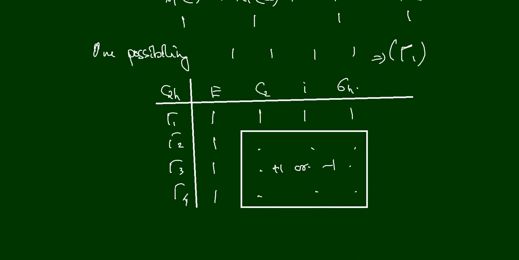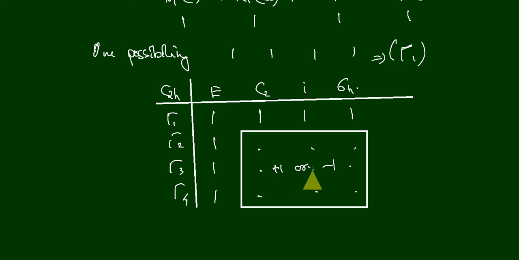So it will be either +1 or -1. So all these 9 elements we should fill with either +1 or -1. Now, which one should be given +1 and which one should be given -1?